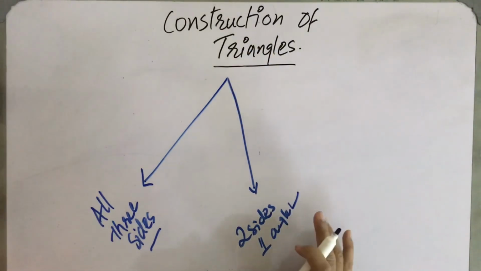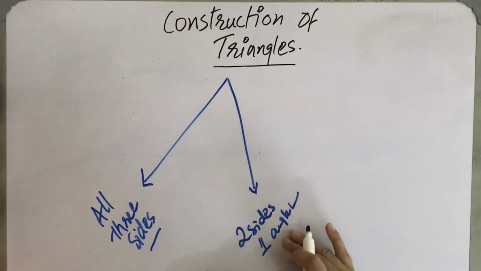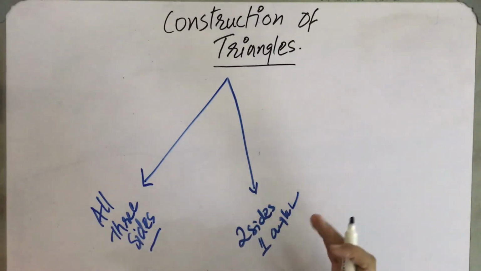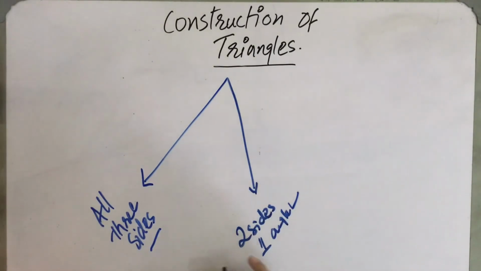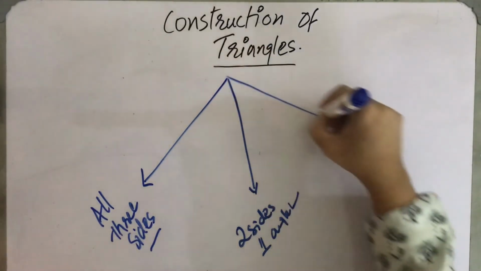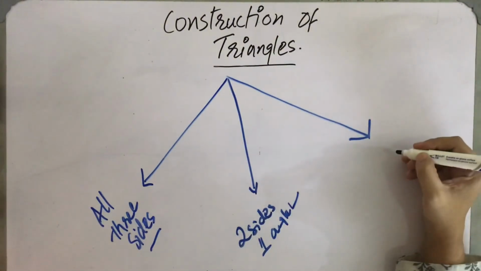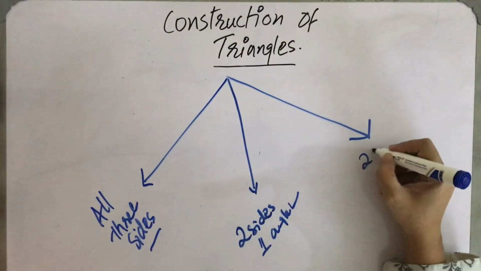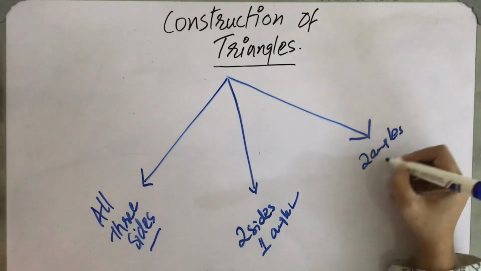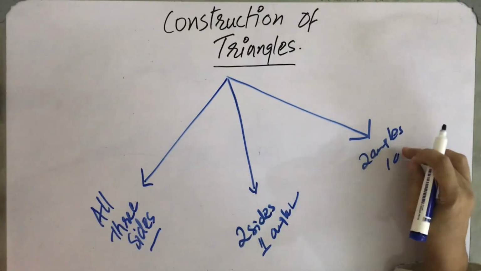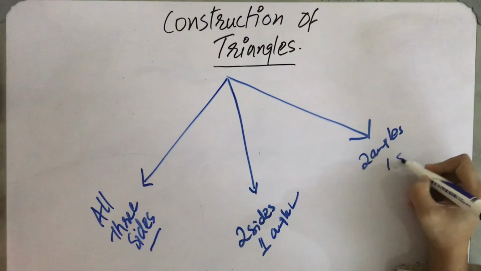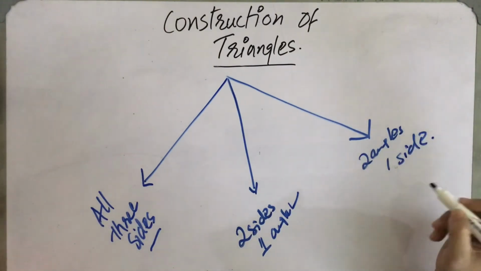For example, if you are drawing AB here and you have to draw angle C, then instead of AB you should draw BC or AC, the other side, at base. The third type of triangle is when you are given two angles and one side. Definitely you are going to draw the given side first and then you will draw the angles.